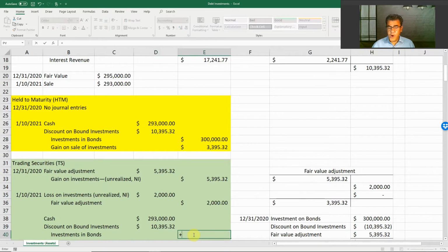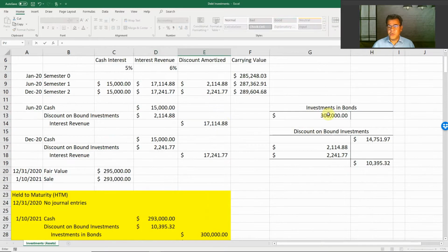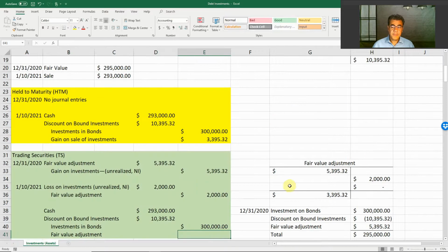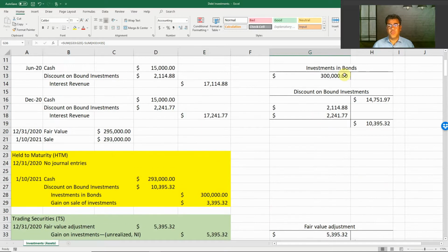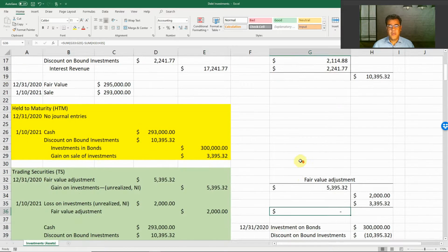We have no more investment on bonds, so we also debit the $300,000. And we also debit here the fair value adjustment. That is 5 less 2. We adjust the $3,000. So no more. So we close our fair value adjustment. We close our discount. We close our investment in bonds.